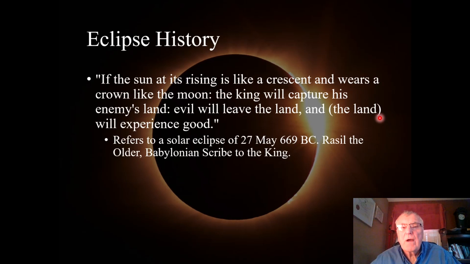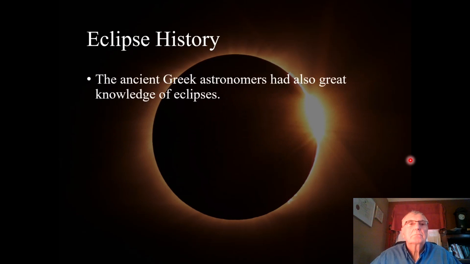He was a scribe to the Babylonian king, and he describes the sun rising being partially eclipsed. That allowed us to set that date of May 27th, 669 BC. That correlated the Babylonian calendar to our current calendar. And you'll see that's happened a lot of times.